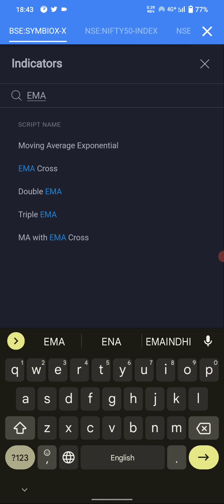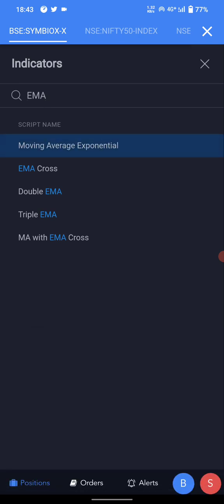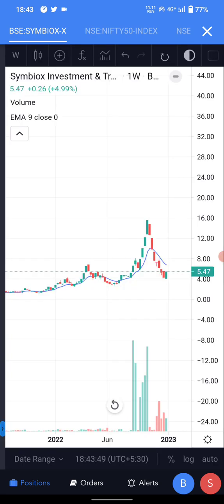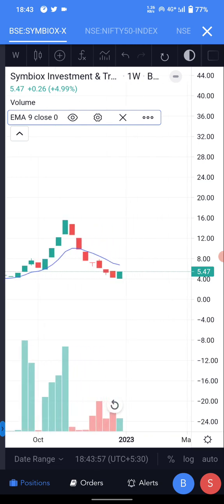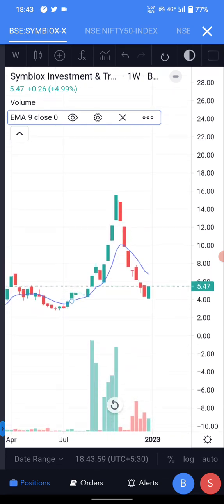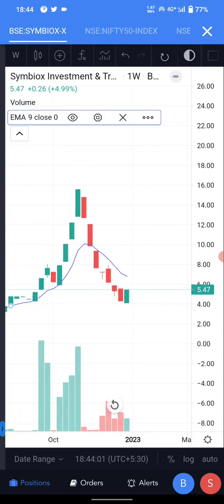We have seen all these, and we're going to look at the graph individually. Let me take the first one, moving average exponential.